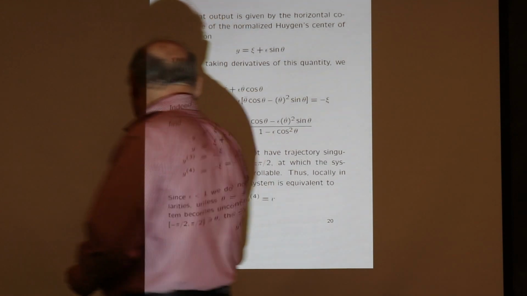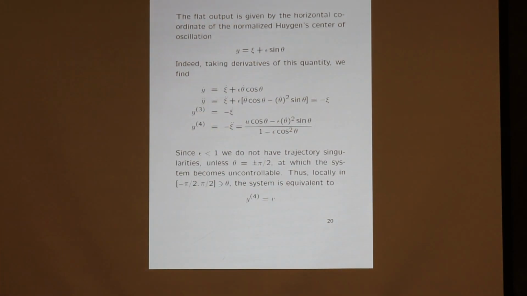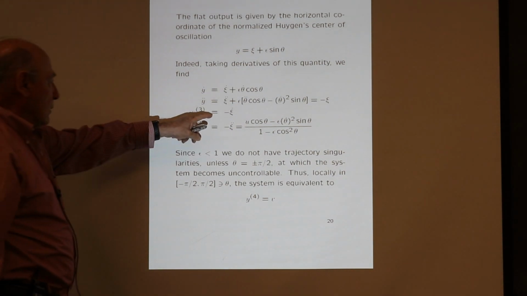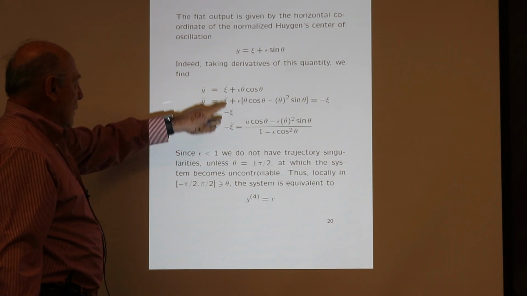Why? Because you can reverse this differential parametrization and find all the variables in terms of y. Look, C dot is just minus y3. That's the differential parametrization of C dot. And now you know C dot.